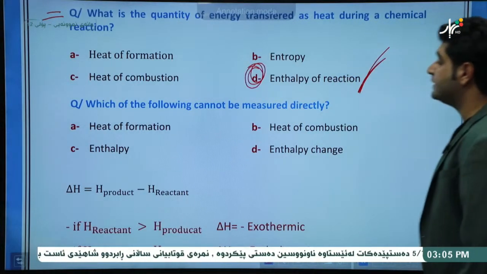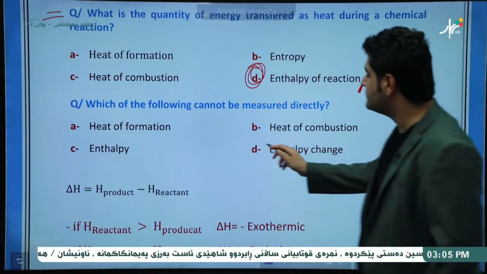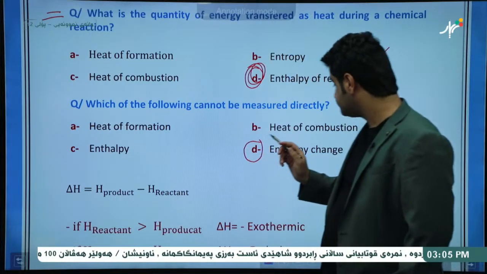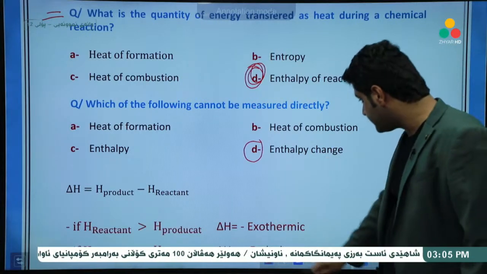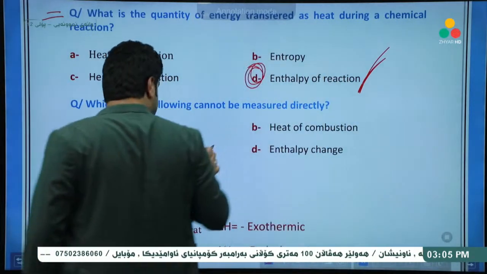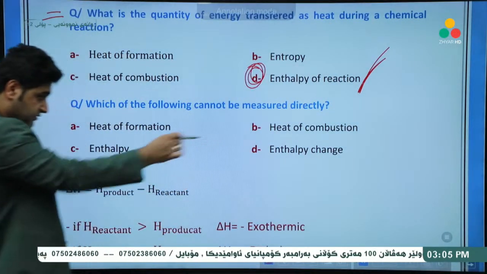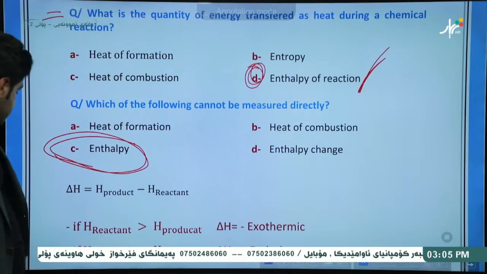Which of the following cannot be measured directly? Again, enthalpy of the reaction cannot be measured directly. Enthalpy change? No. I mean enthalpy of the reaction. I told you enthalpy, not enthalpy change. That's why enthalpy cannot be measured directly.